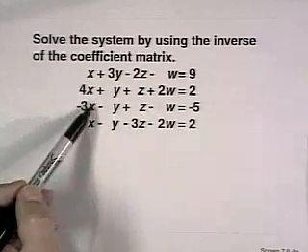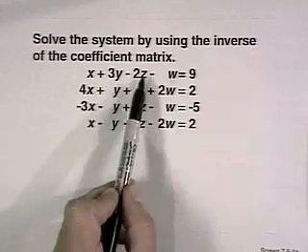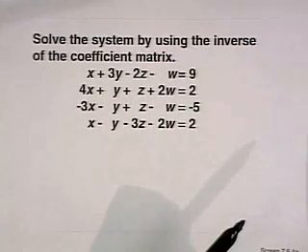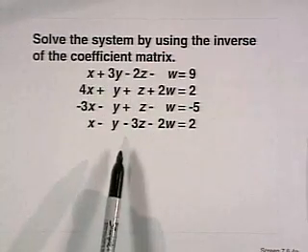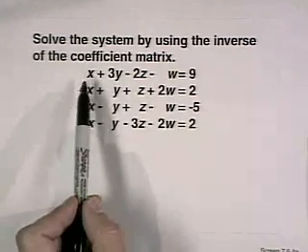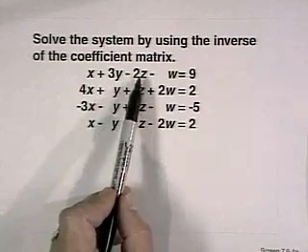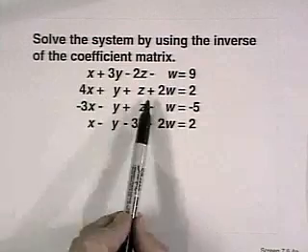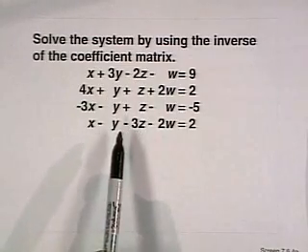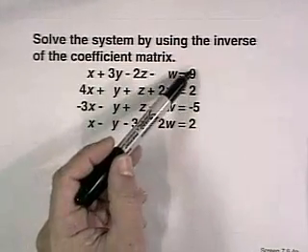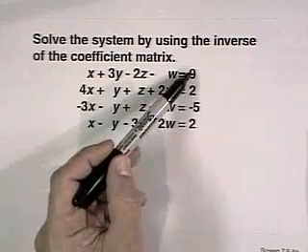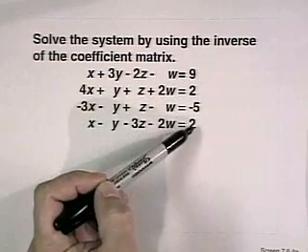We have 4 equations with 4 unknowns. I've entered the coefficients matrix 1, 3, negative 2, negative 1, etc. into my graphing calculator, as well as the constants matrix 9, 2, negative 5, 2.